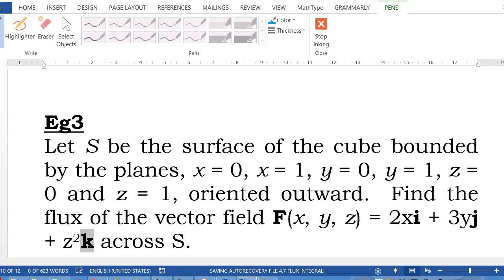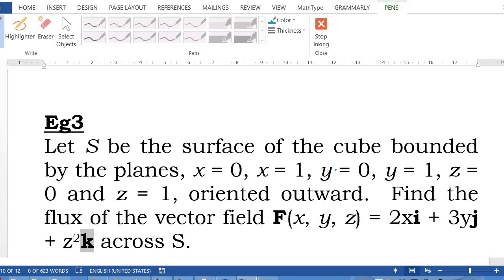Okay, now the last example. S is a surface of the cube bounded by the planes x equal to 0, x equal to 1, y equal to 0, y equal to 1, z equal to 0, z equal to 1, oriented outward. Similar with example 2 of the sphere, oriented out. Assume the water or the fluid flowing out.